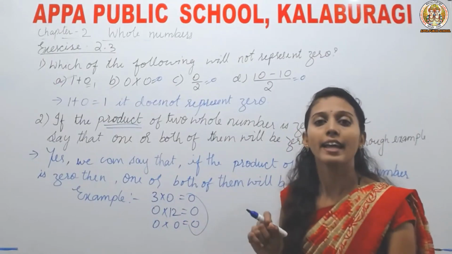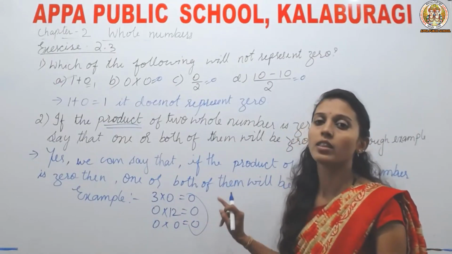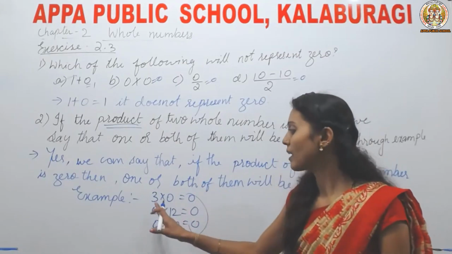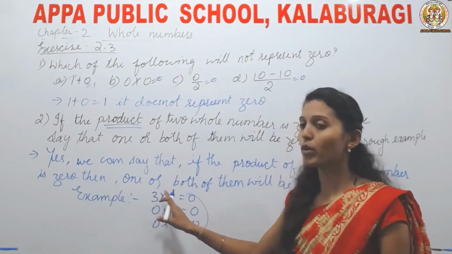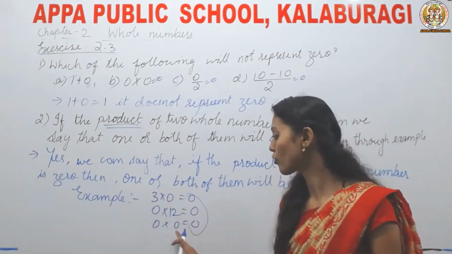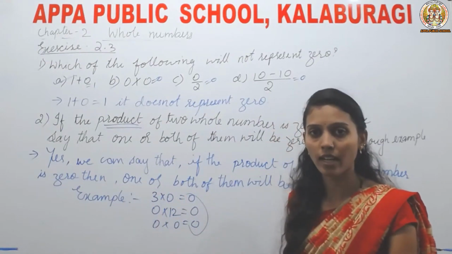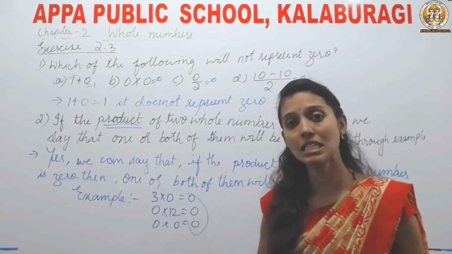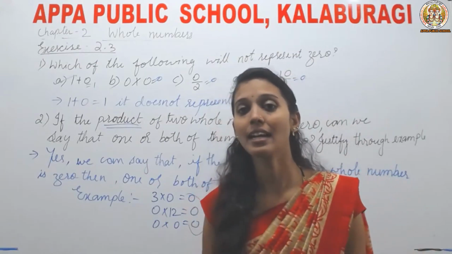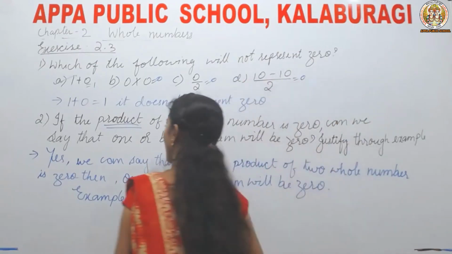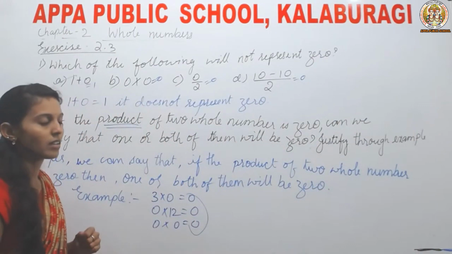Yes. If the product is 0, then obviously the multiplier and multiplicand, any one among them or both of them will be 0. But if the product is changed, then we can't apply the same theory there. Okay? Shall we go for the next one? Fine.